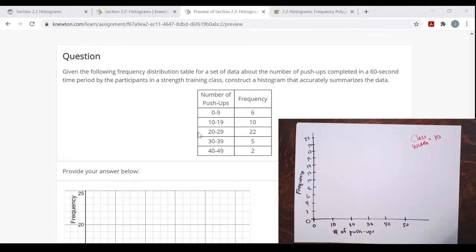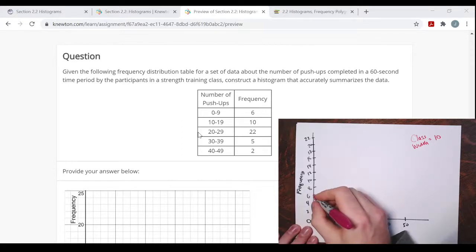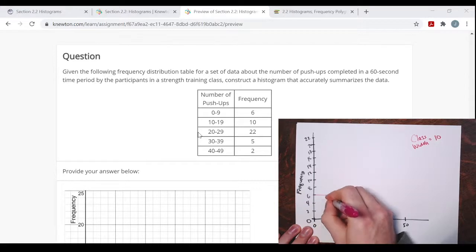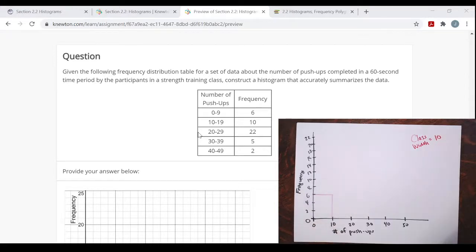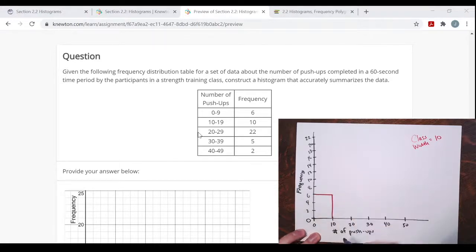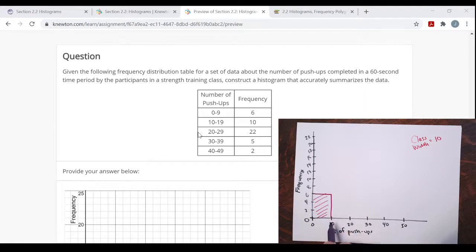So how many people did from 0 to 9 push-ups? 6 of them, right? So I make a bar that's 6 high. That's a rough marker there. So there's a bar that's 6 high from 0 to 10 there, right? Well, that represents 0 to 9. 10, the lower limit, starts the next bar, the next class.